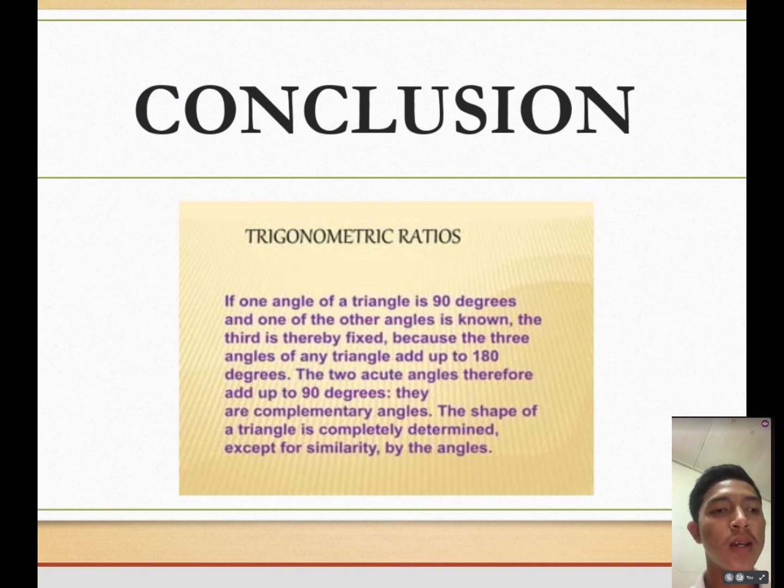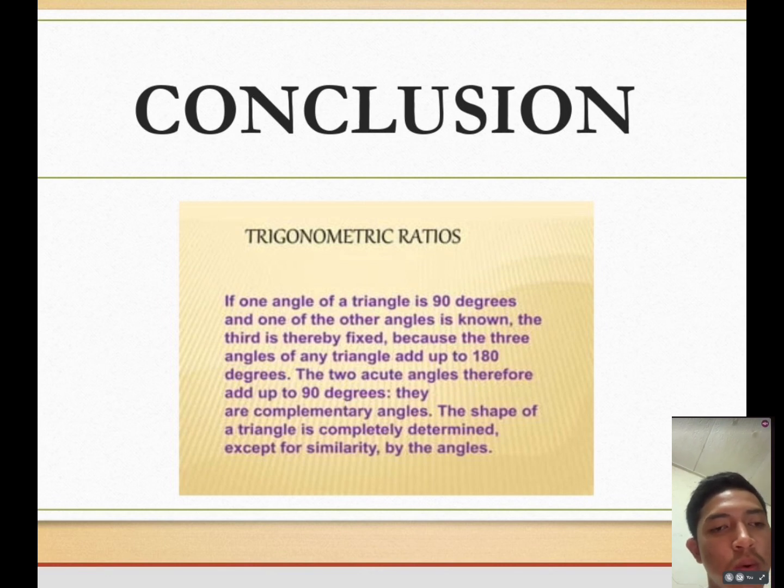I will present to you a conclusion. Trigonometric ratio: if one angle of a triangle is 90 degrees and one of the other angles is known, the third is fixed, because the three angles of any triangle add up to 180 degrees.